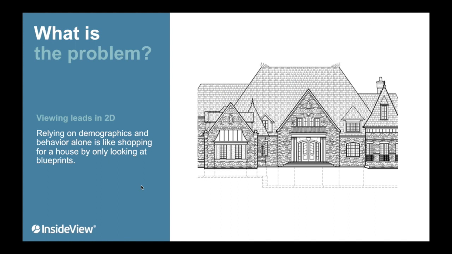So our first stab at this problem was to implement a basic score that would be a combination of demographic values, right? That was the first thing. So it was basically a numeric representation of how closely that lead matched an ideal prospect for your business.